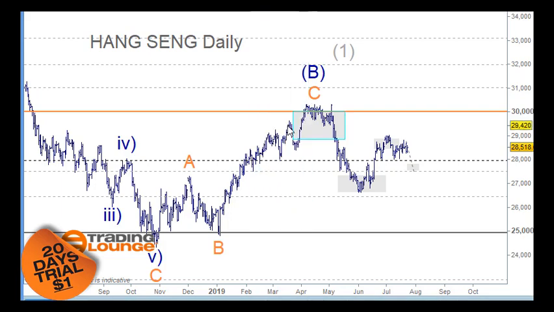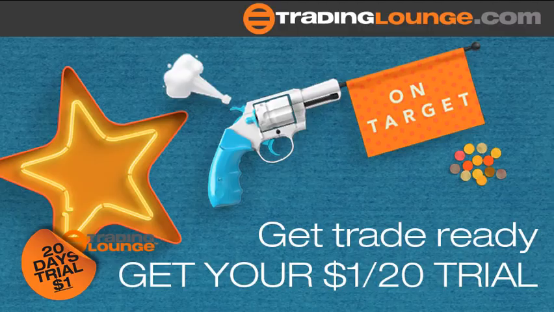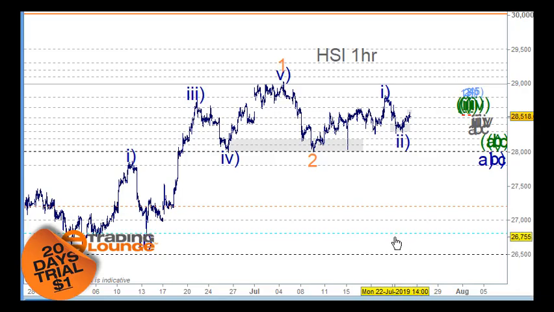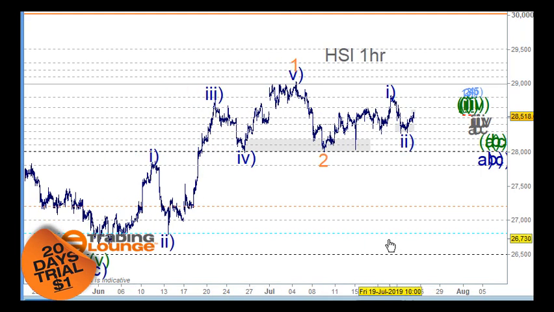I'll just go back to the hourly in this case here. There is a case for being bullish, as I mentioned before, with wave 1 and 2 here, 3, 4, and 5 here for wave 1. This does count as corrective down here, so it's fine as wave 2.